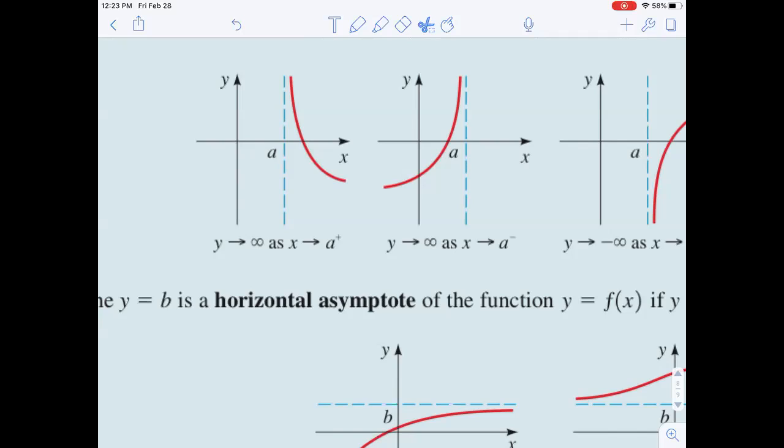So as x is getting closer and closer to a, right?